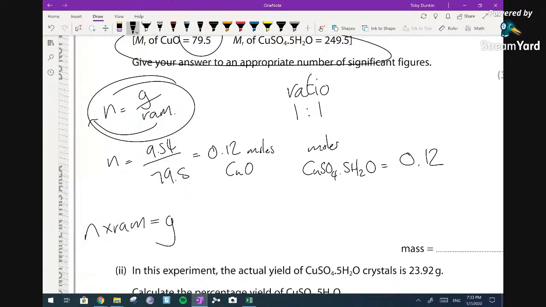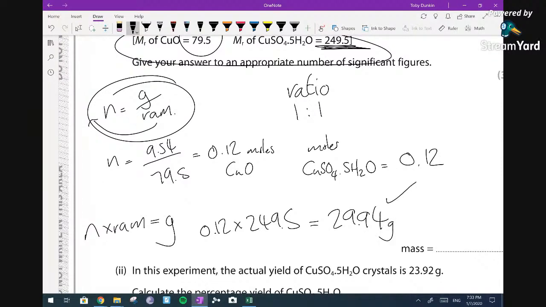Right, input my data. 0.12 multiplied by the Mr, which is 249.5, and I get 29.94 grams. And that mark is worth 1.